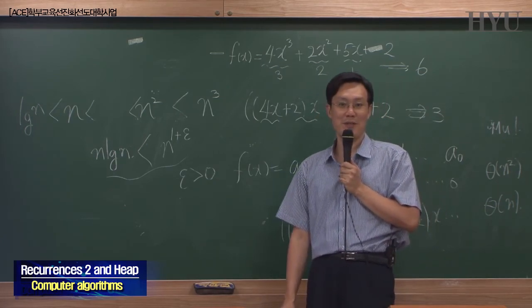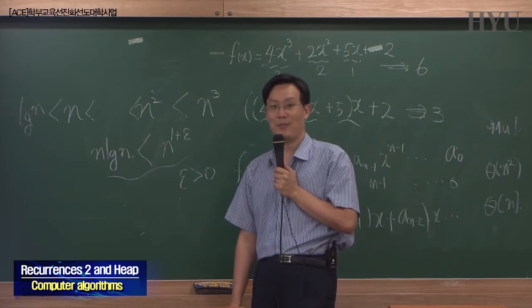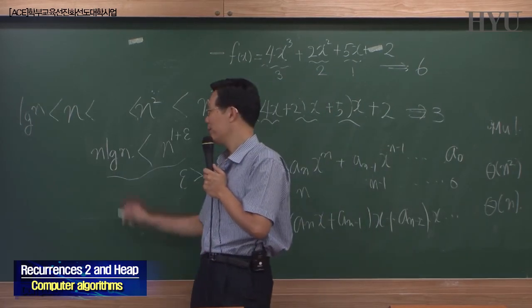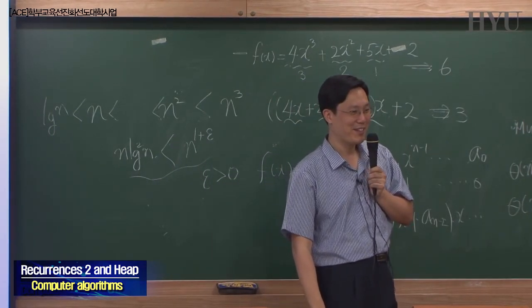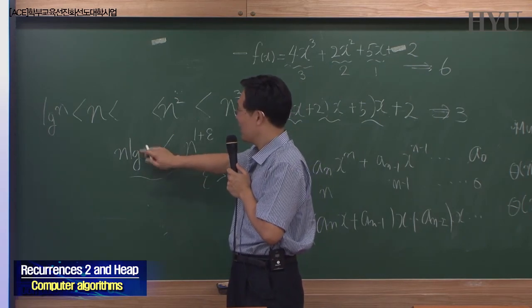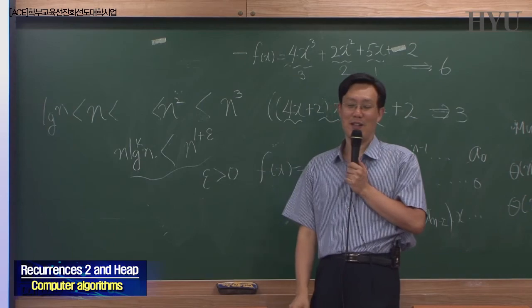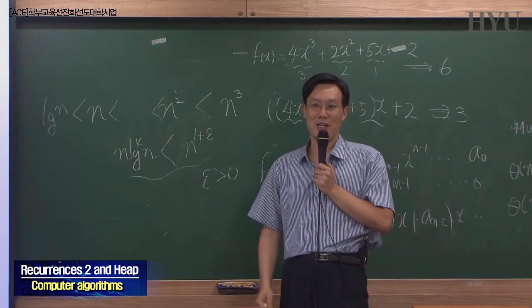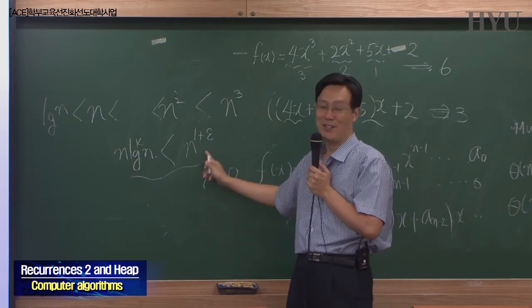Quite strange, but true. And more, how about this? Log n squared. And log n to the k. Even though k is a million or a billion, this is bigger.